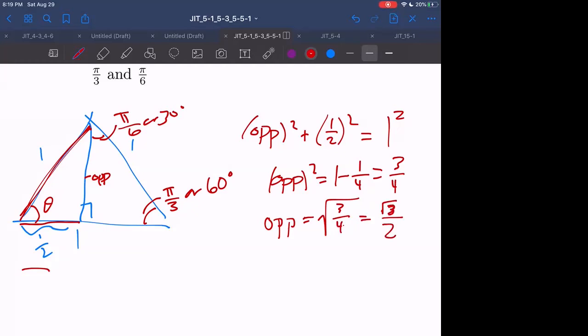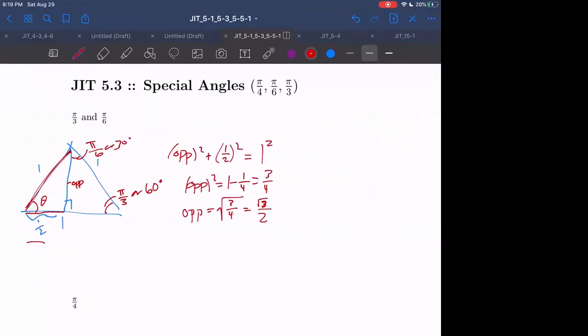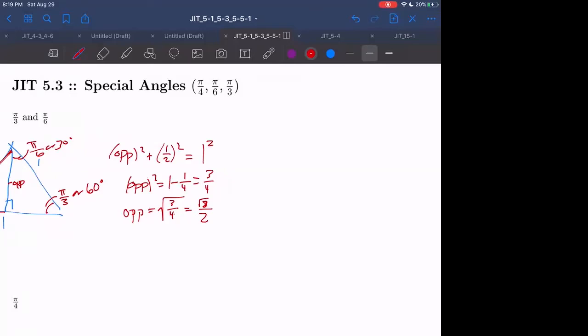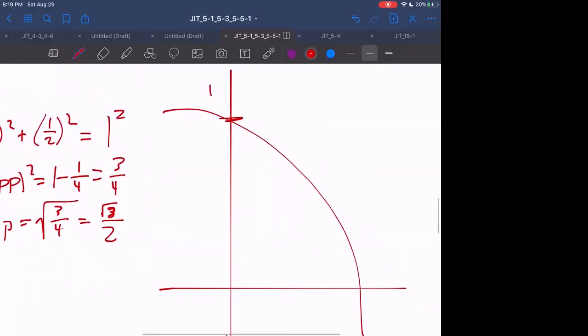All right. So this can be translated into our graph, or into our circle. So if I've got, I'm just going to do this first quadrant of our circle, but we've got our 1 up here, and we're at 1 down here.